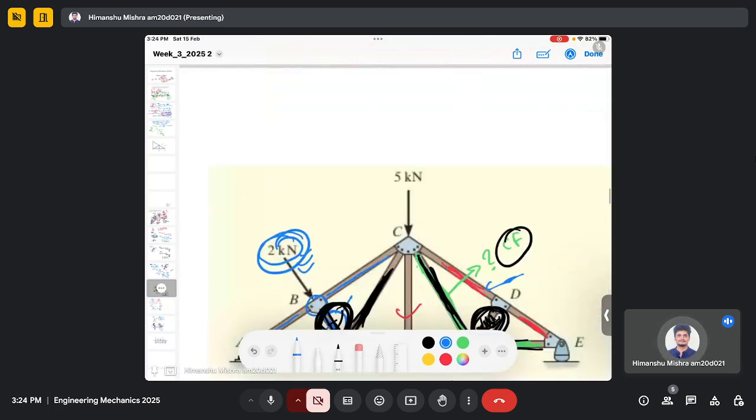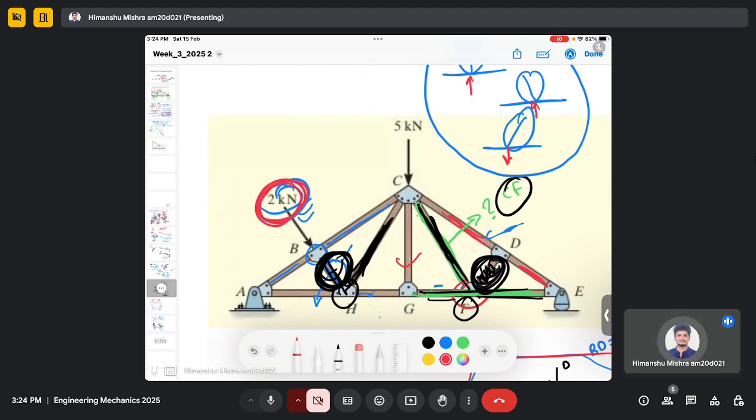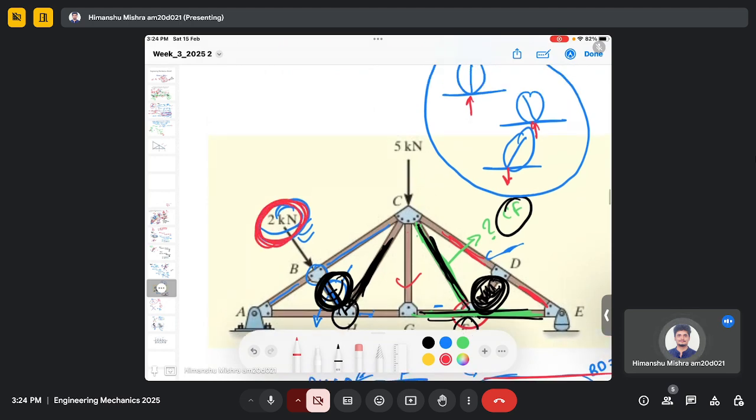The trick to remember is that you should have this kind of configuration, and the force in this member will be 0. It should be like this, or it could also be like this, but it should be in such a configuration. The force in this member should be 0 only when there is no external force acting here, because we saw that if an external force is acting here, then it is not a zero force member.